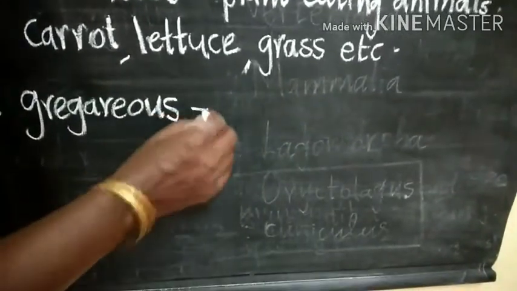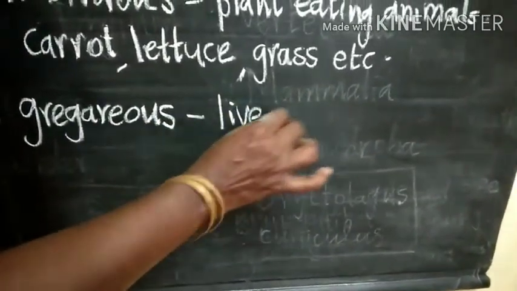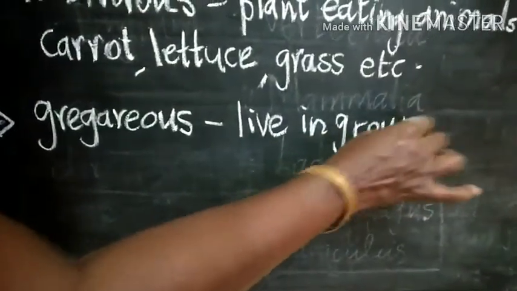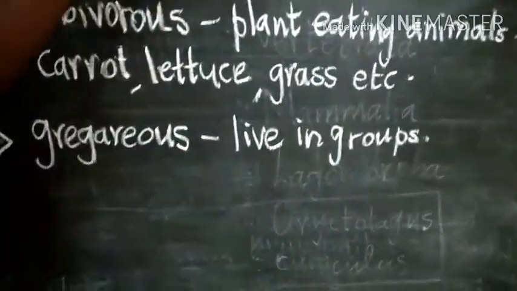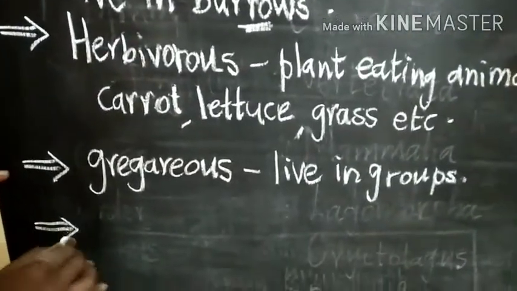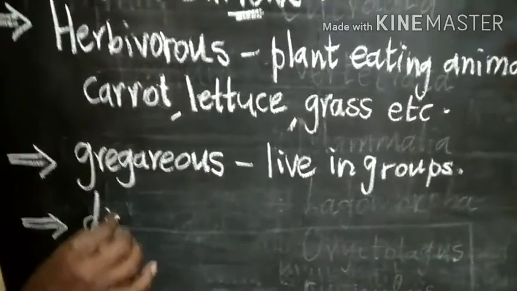Gregarious means they live in groups. What about the habitat? They are distributed throughout the world.